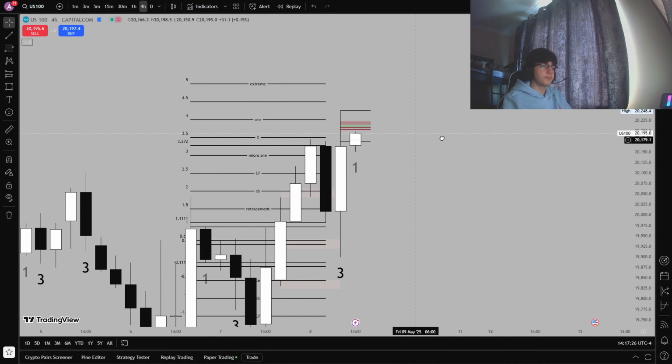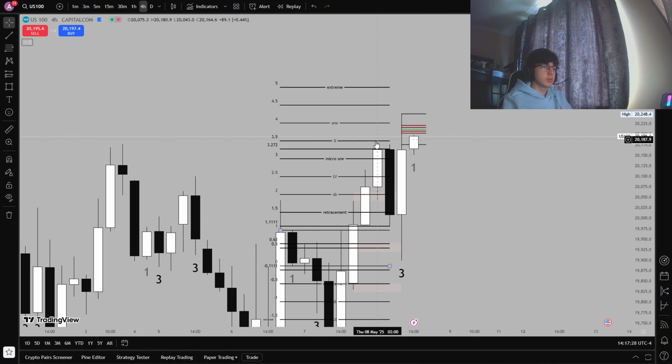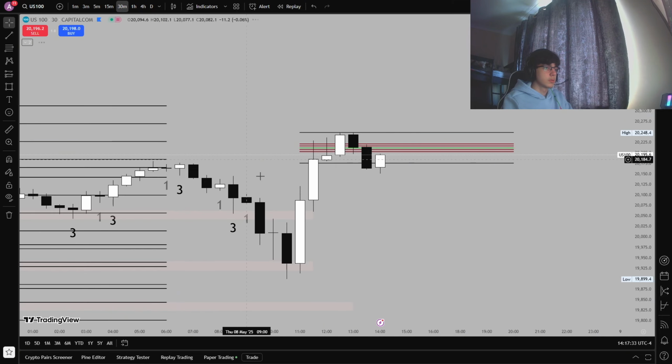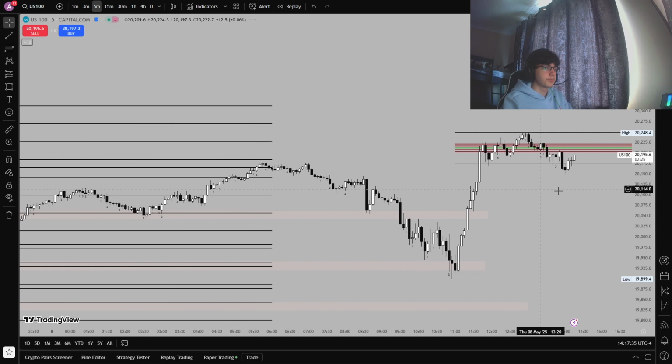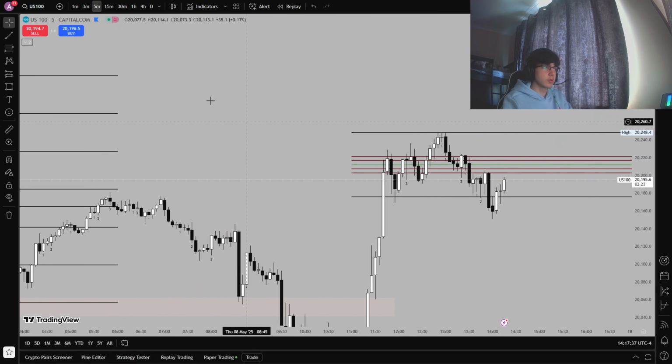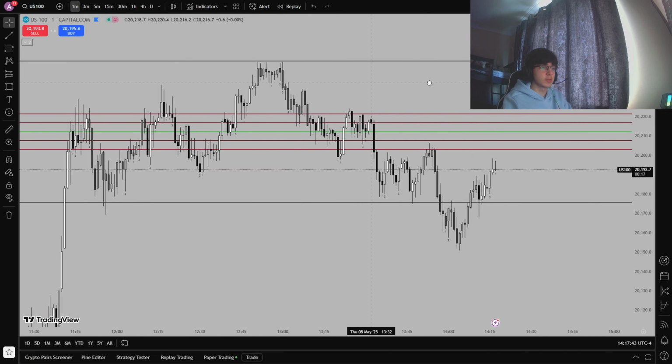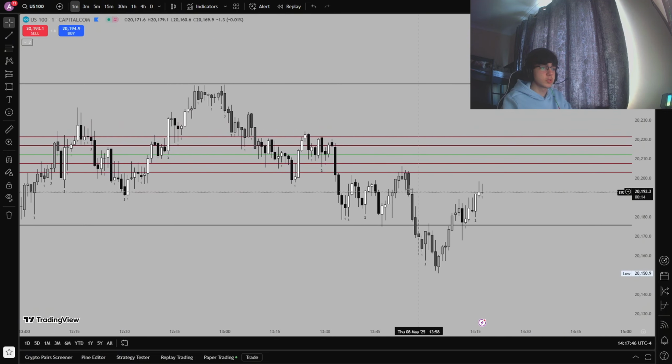But we took out liquidity, of course. After I saw that, I was waiting for this macro first, but I didn't see any entry over here, so I waited for the next macro, which was over here.